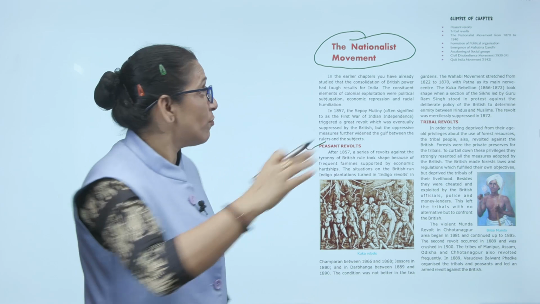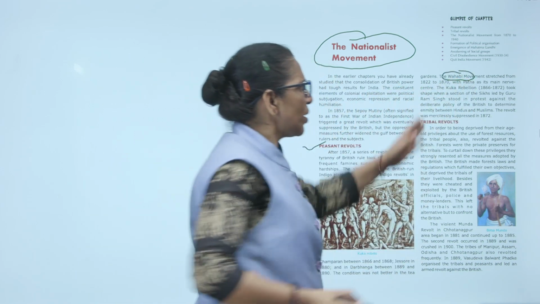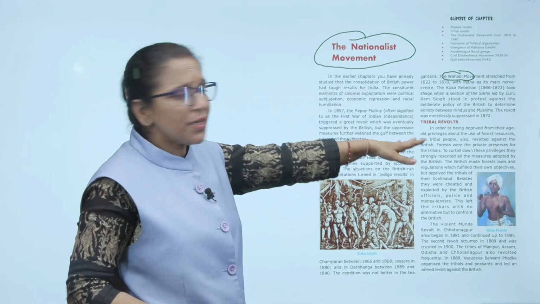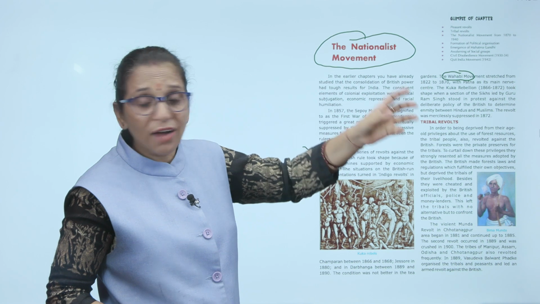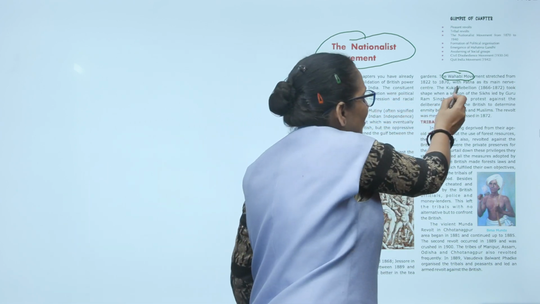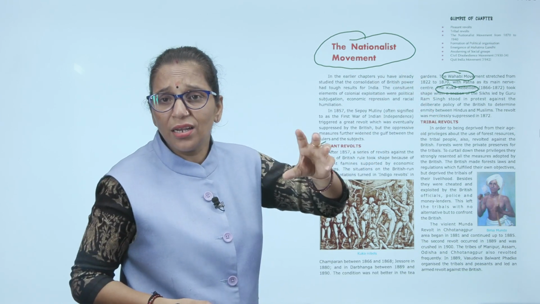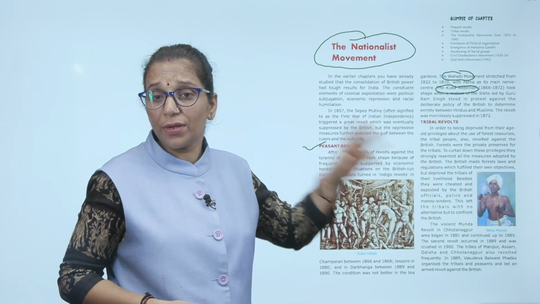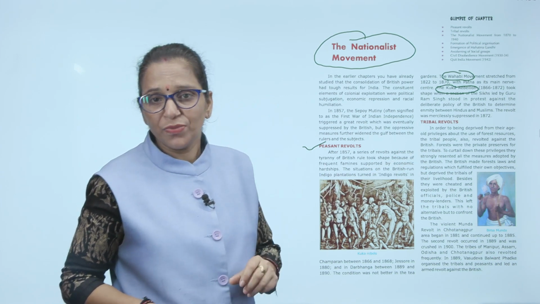See, the Wahhabi movement stretched from 1820 to 1870 with Patna as its main nerve center. Then after that, the Kuka rebellion started. It took shape when a section of the Sikhs led by Guru Ram Singh stood in protest against the deliberate policy of the British to create enmity between Hindus and Muslims.